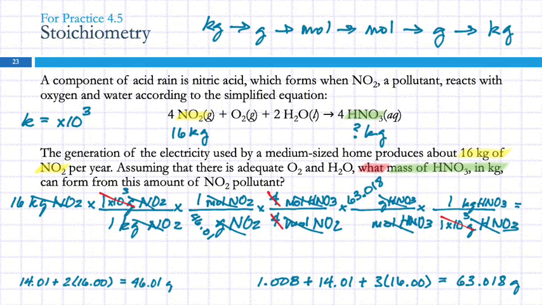We can cancel those out too, huh? Times 63.018 equals 21.9.